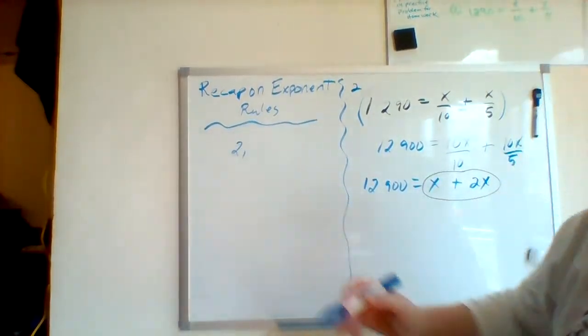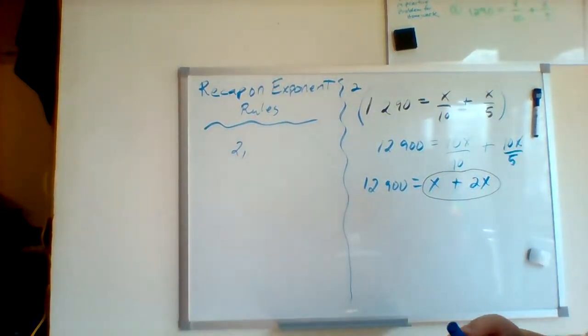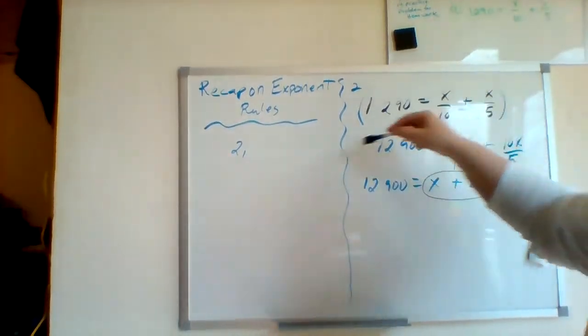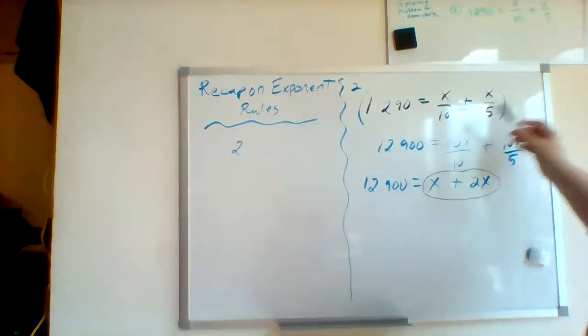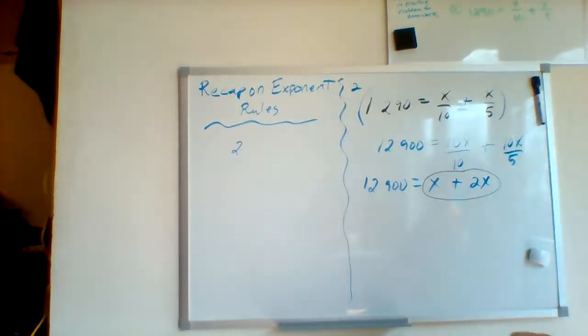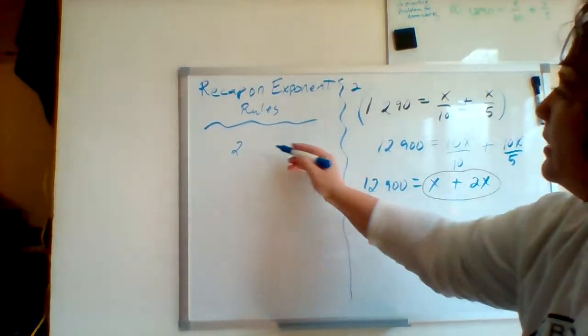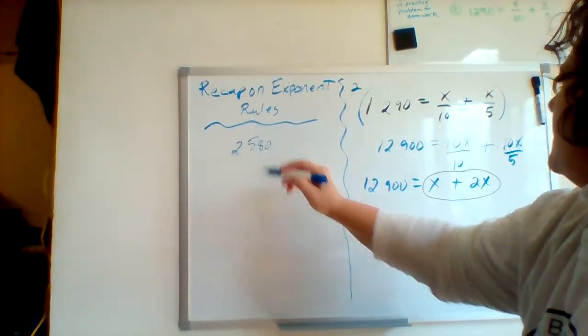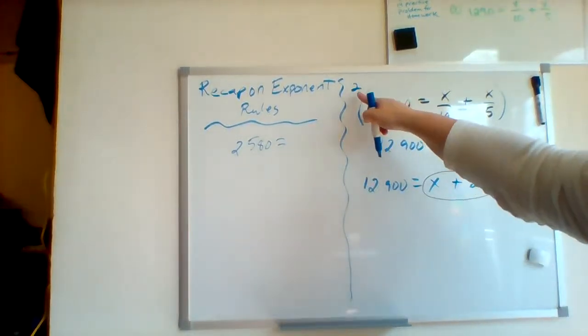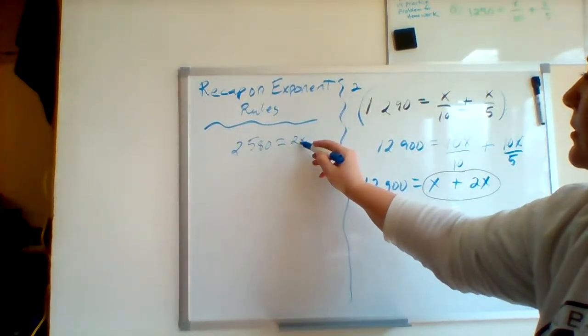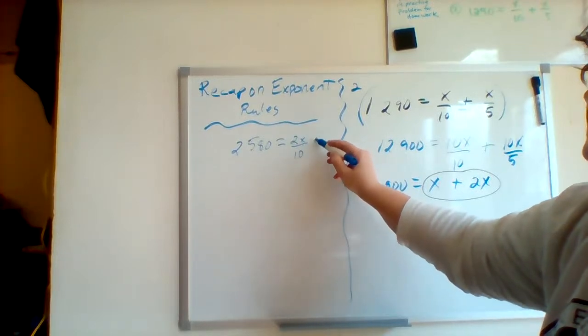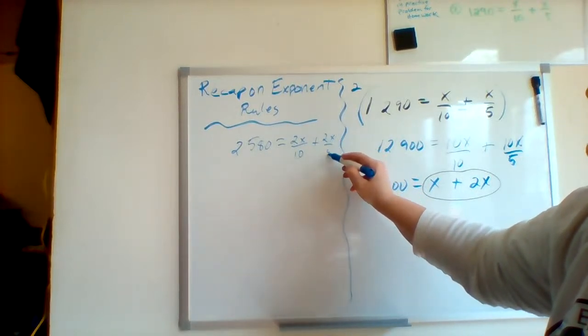Guys, we get 2,000. Oh, I said I wasn't going to use the commas anymore, right? Because it's confusing you guys. Okay, so 2,580. Okay, then it would be 2x over 10 plus 2x over 5.